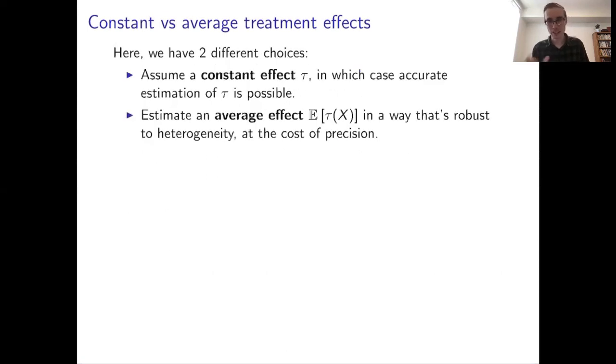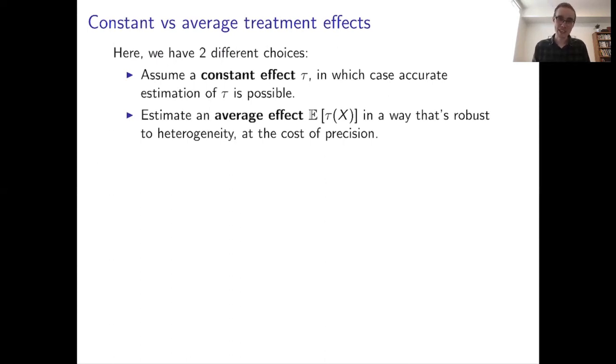For those of you thinking of problems in terms of applications, you might be sensitive to the tension here. In this problem, the treatment effects actually were constant. But as an analyst, you had two strategies. You could either assume that the treatment effects were constant, asserting knowledge from theory but without validating it from data. And if you're willing to assert constant treatment effects, then you can estimate the constant treatment effect very accurately.